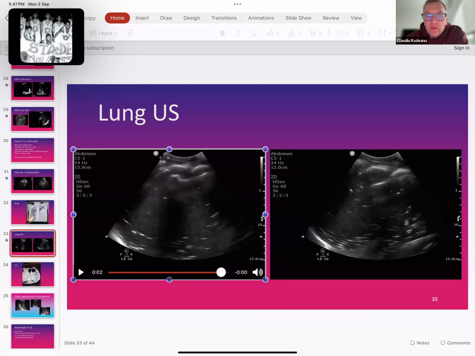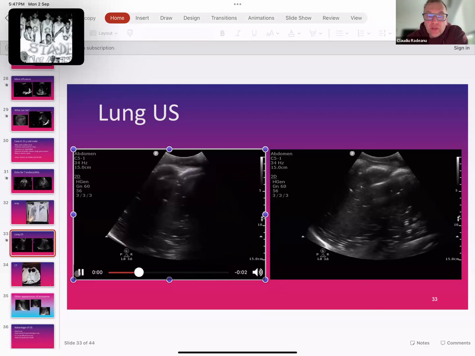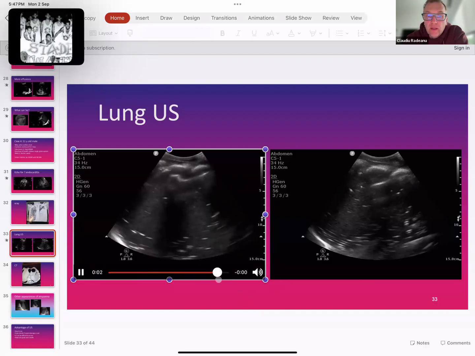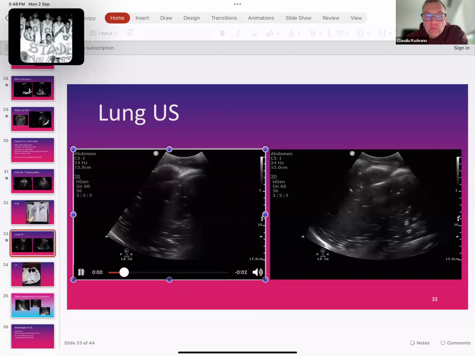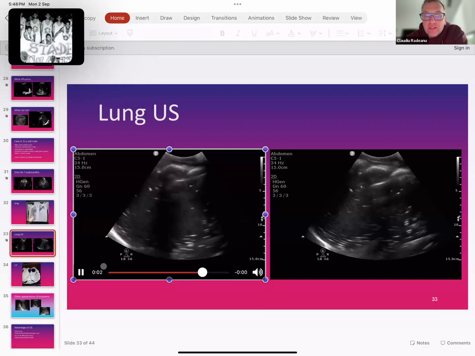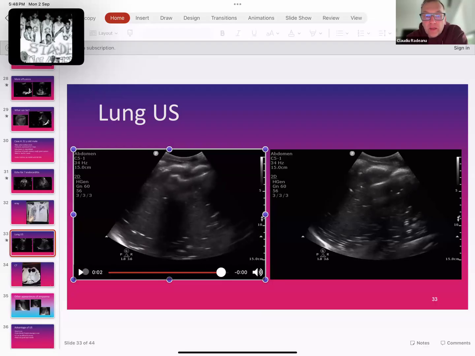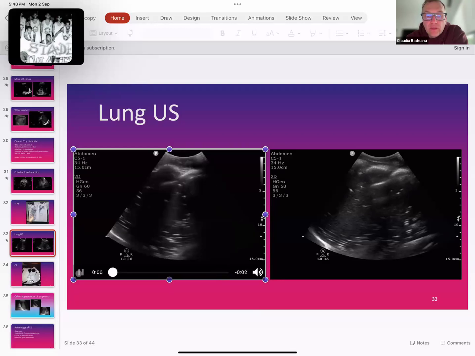Here you have the shadows from the ribs. So this is rib, and this is the pleural line. There is this structure here in the lung that is echogenic, tissue-like, and then you have some white hyperechoic structures in the middle of it. What do you think it might be? Who wants to have a try?